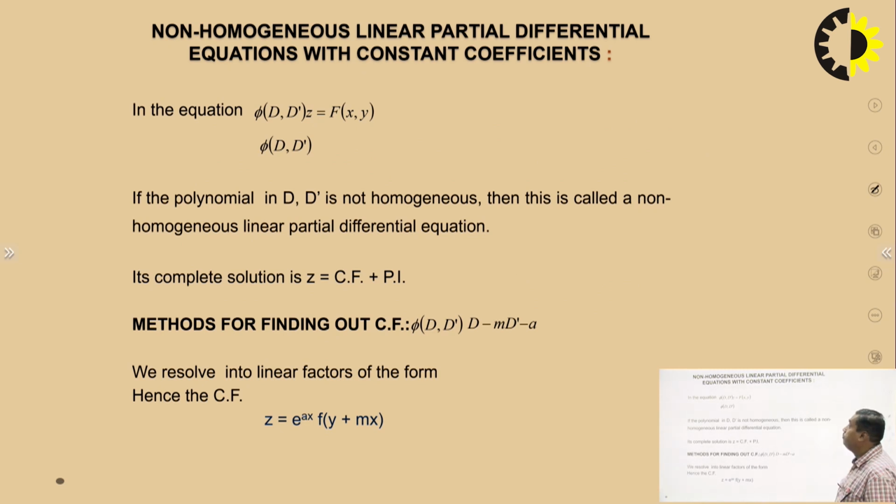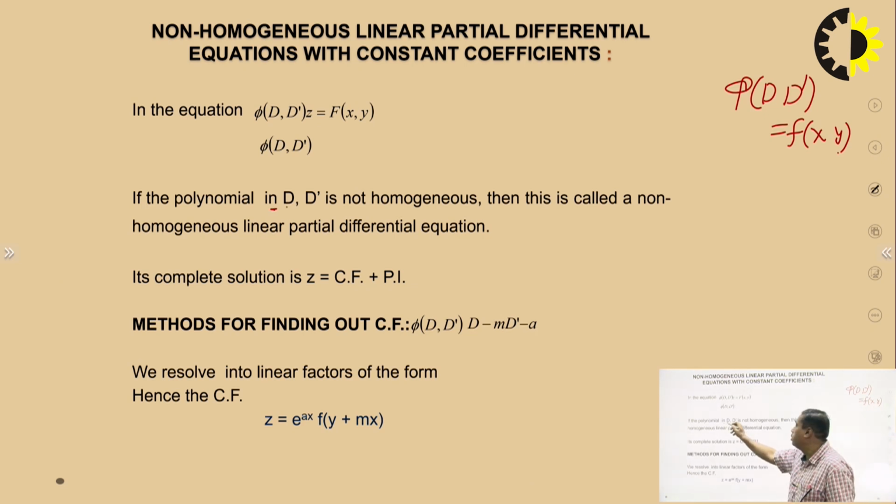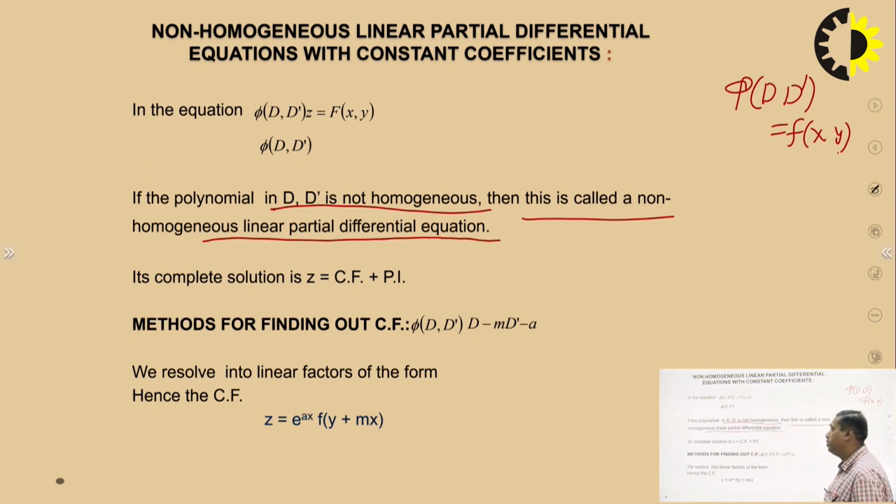Here we define the equation phi(D, D dash) z equal to a function of x, y, where D and D dash are not in homogeneous form. The polynomial in D and D dash does not have the same degree. It is called a non-homogeneous linear partial differential equation.